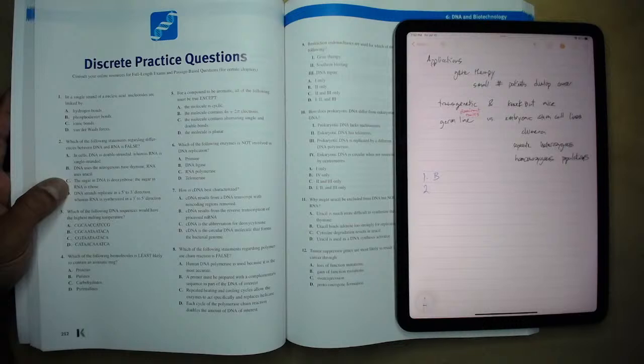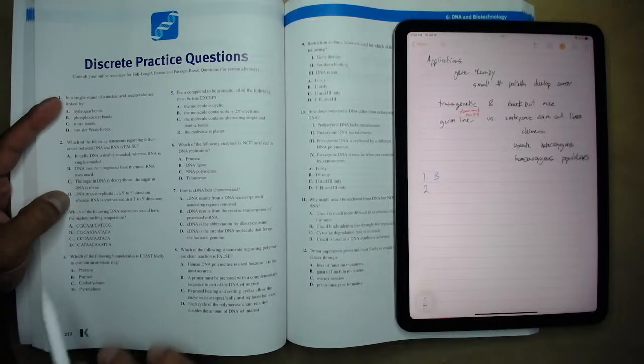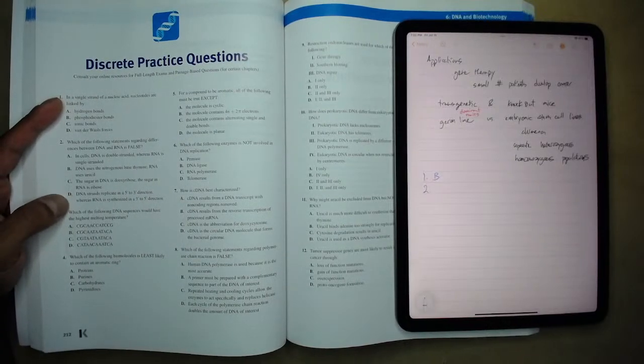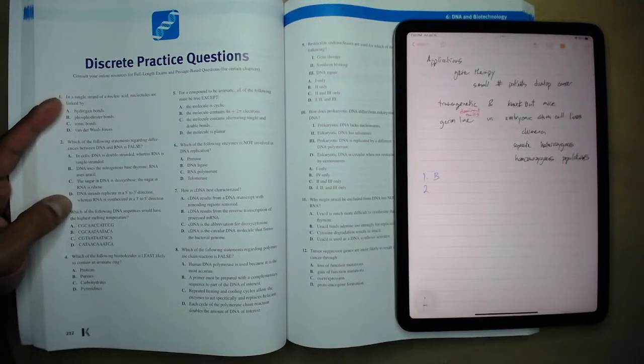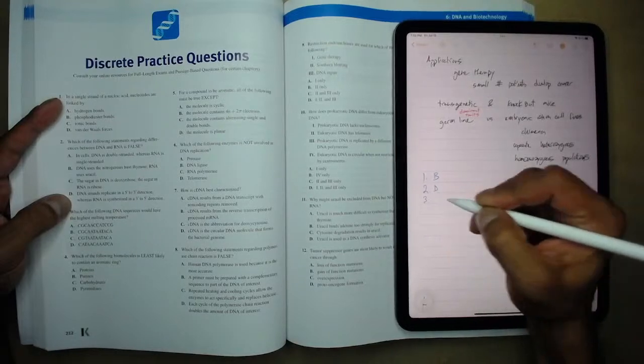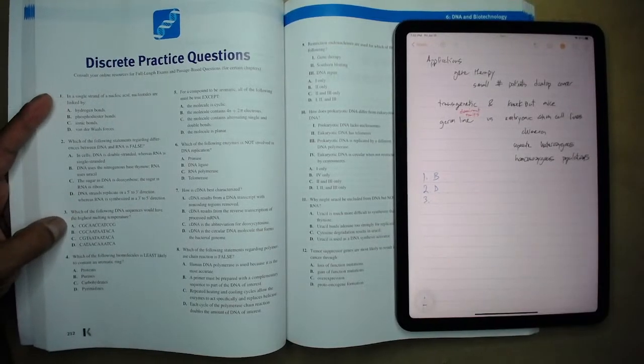That is also true, right? DNA strands replicate in a 5-3 direction, whereas RNA is synthesized in the 3-5 direction. That's false. It's still synthesized in the 5-3 direction, I imagine. I don't know.